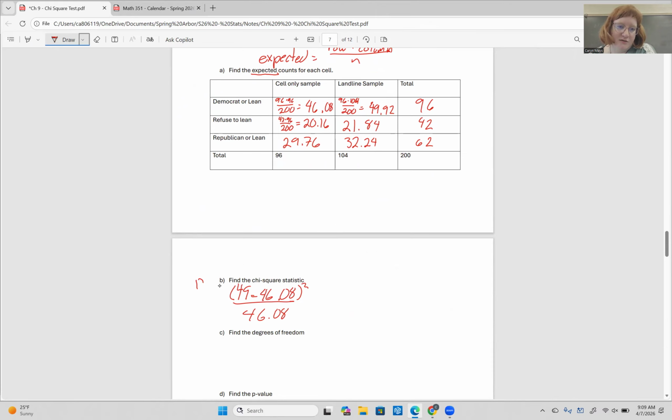We would do that for all 6, so there'd be 5 more of these. I encourage you to find that, but what you should get is that the chi-square statistic is 3.219.